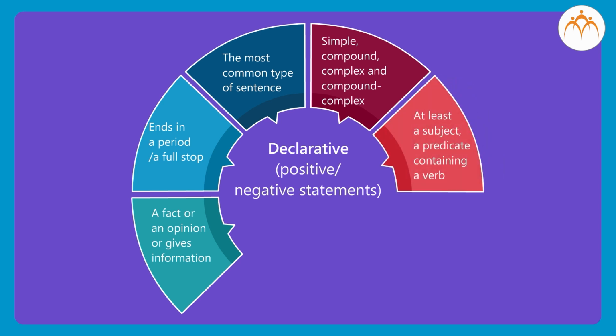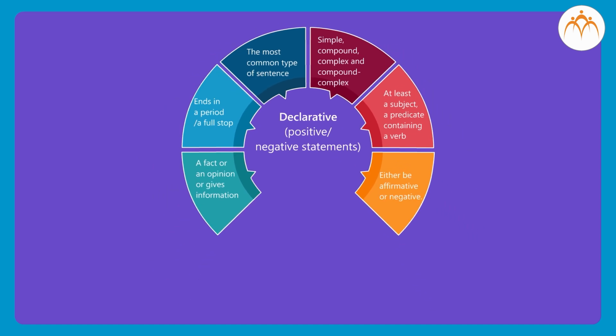For a sentence to be declarative, it must contain at least a subject and a predicate containing a verb. Declarative sentences can either be affirmative or negative. For example, Rama exercises every day. Rohit does not exercise every day.